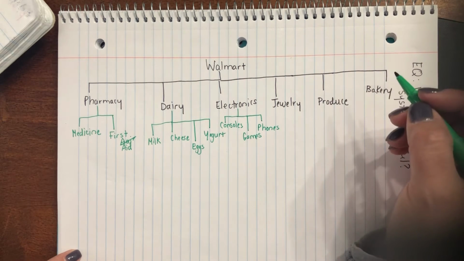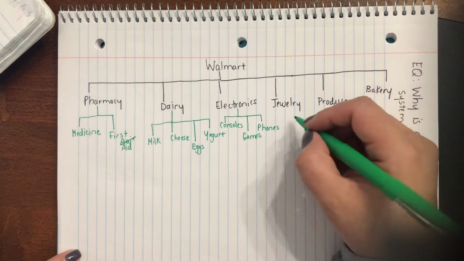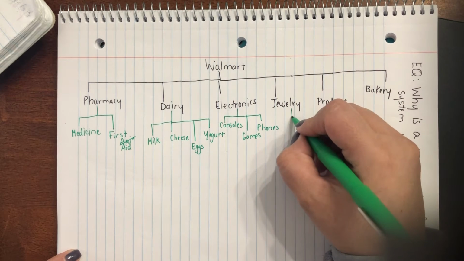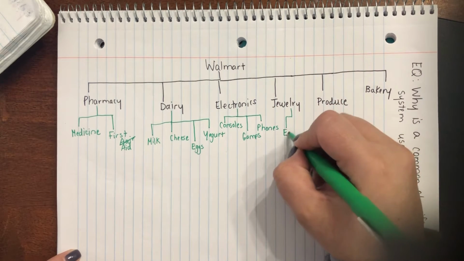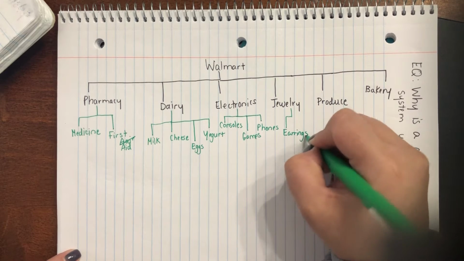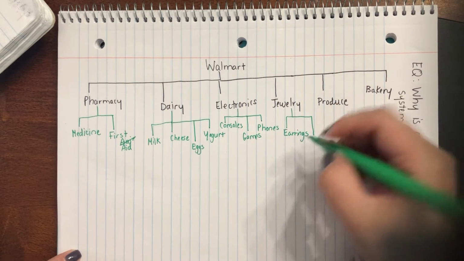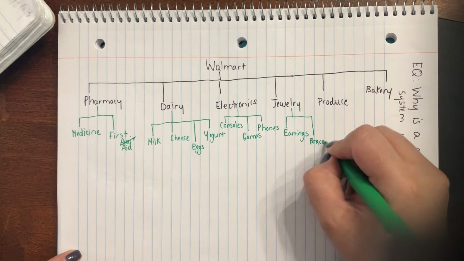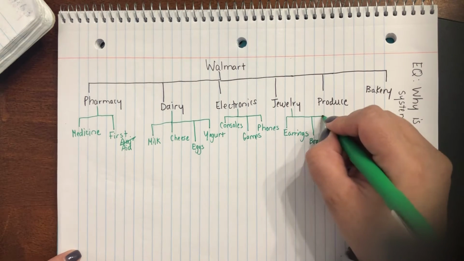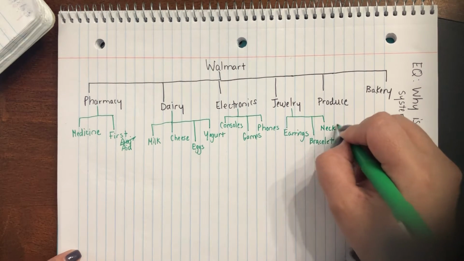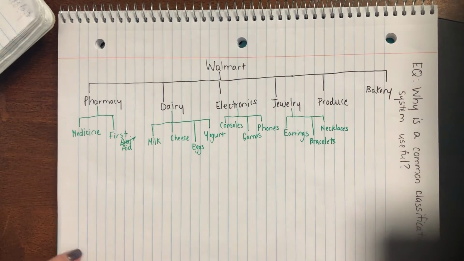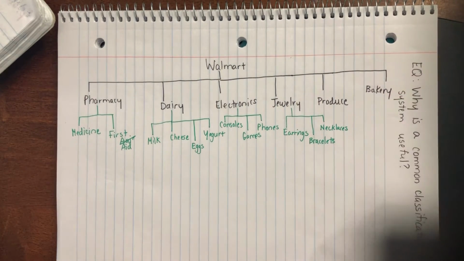If I break down the jewelry section, they're going to sell earrings. They're going to sell bracelets, probably necklaces. And I could go on and on. It just doesn't fit there, but there's definitely more items that are sold there.